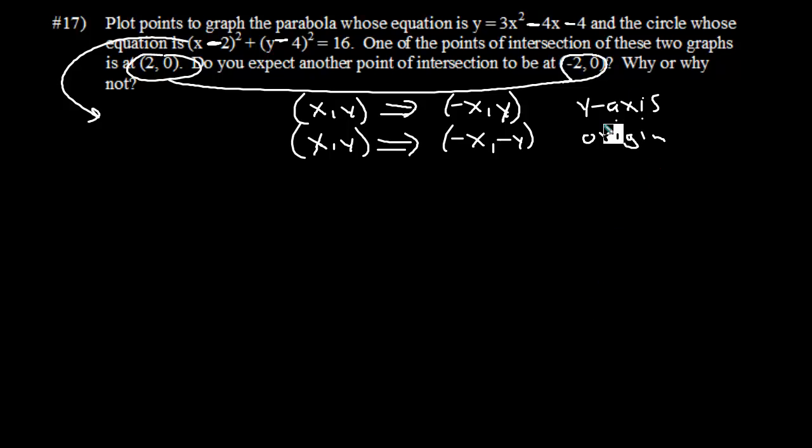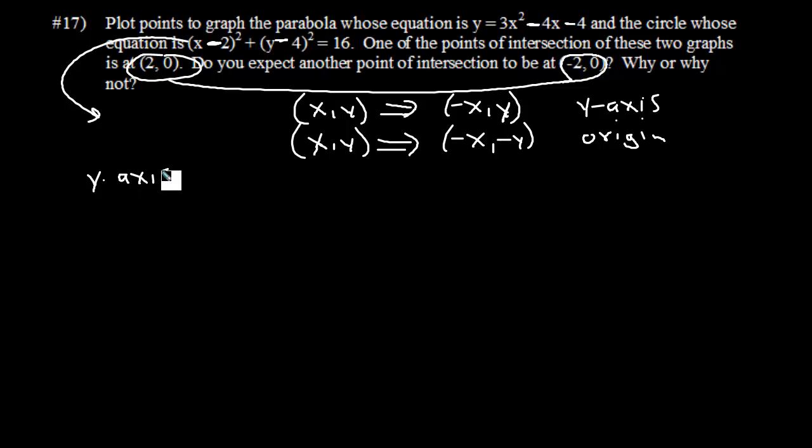If they both are symmetric with either one of those things, either one, then we would expect -2, 0 to be a point of intersection. If neither of these graphs are symmetric to either of these things, then we would say, no way, don't expect it at all. So let's just check.